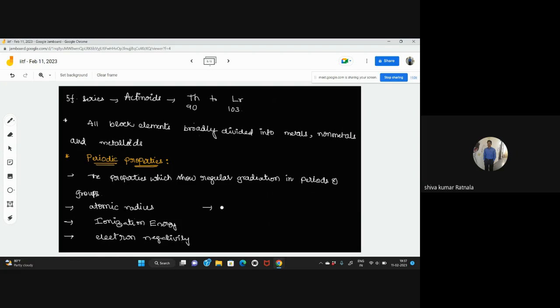Next, electron gain enthalpy. Okay, these properties we need to discuss now, nothing else.